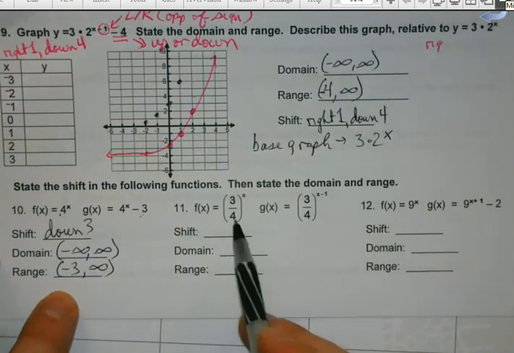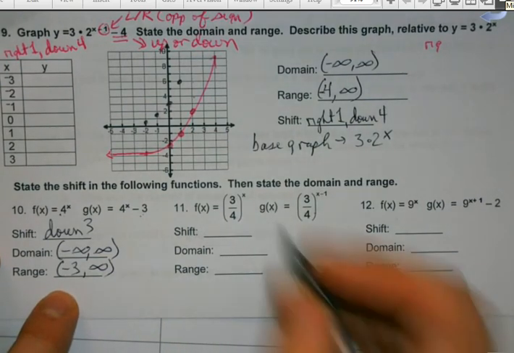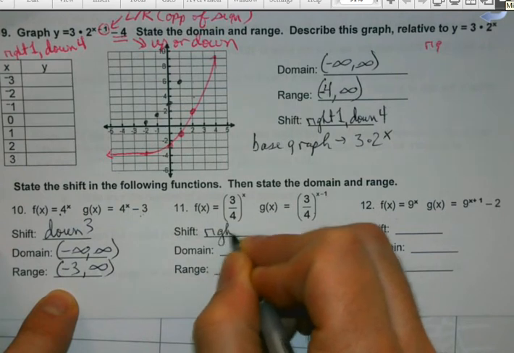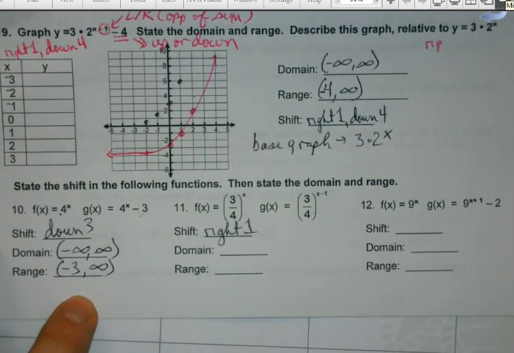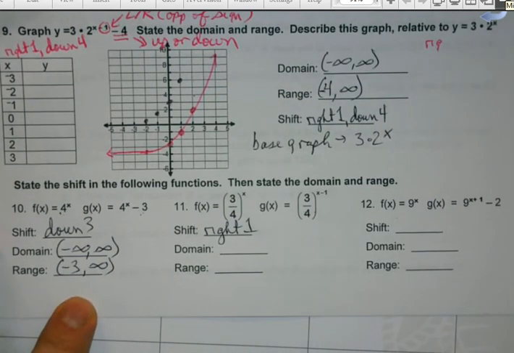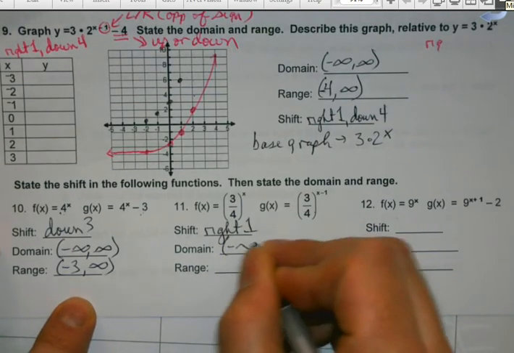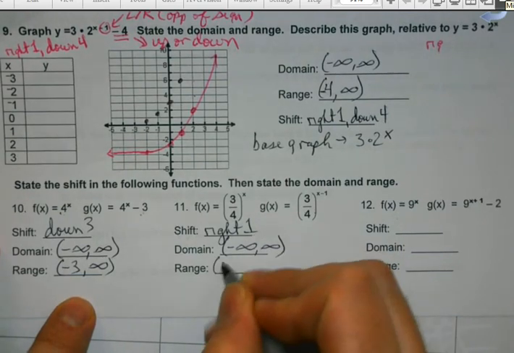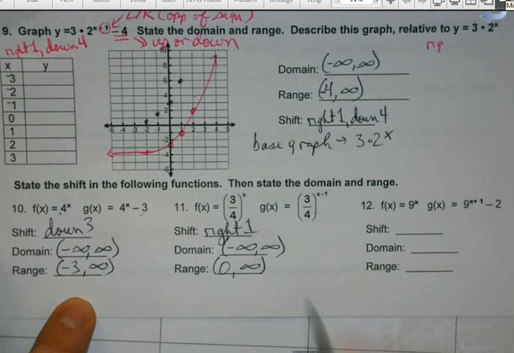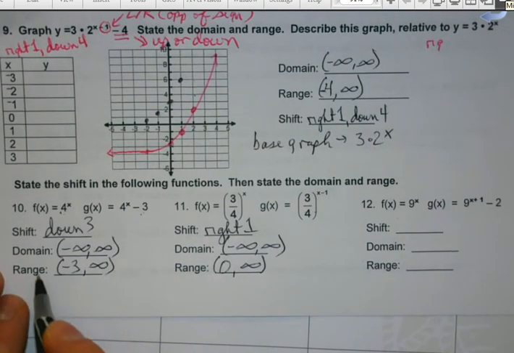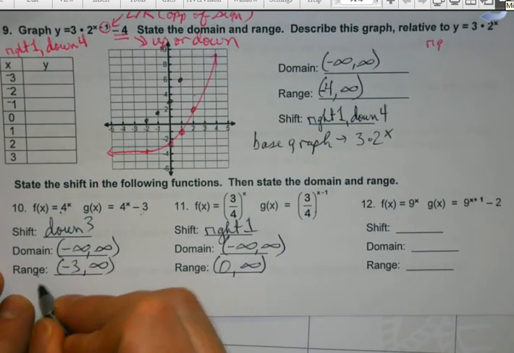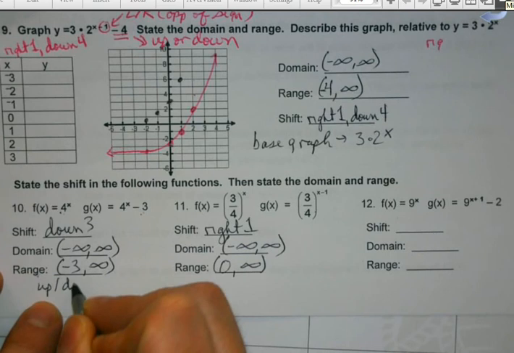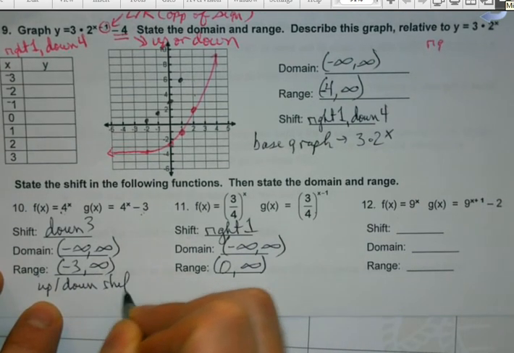Now, let's see here. Okay, this one's going to be right 1, because it's the opposite of what I think when it's in the exponent, when it's a left or right shift. Does that change my domain? No. Does it change my range? No. The only time my range is going to change is when there is an up or a downward shift.